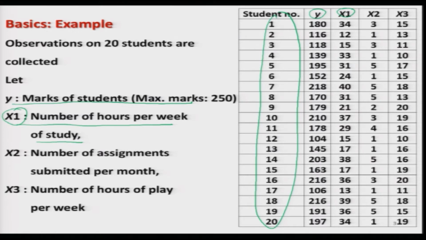Then similarly, we denote the number of assignments submitted per week by x2, and the number of hours of play per week is x3. And this data is given in the table.